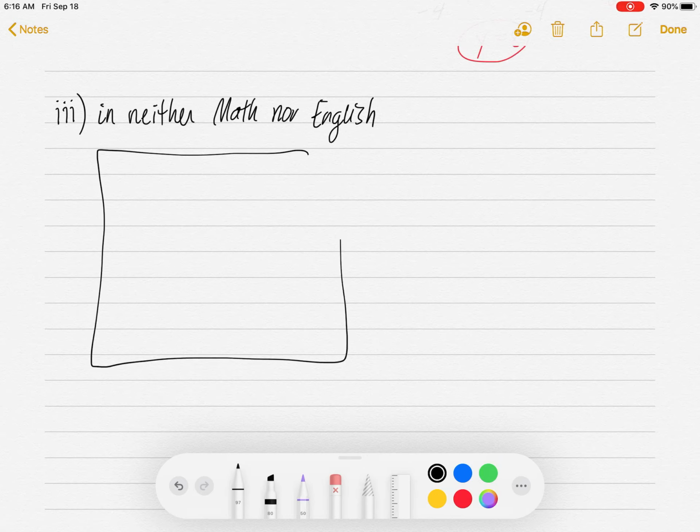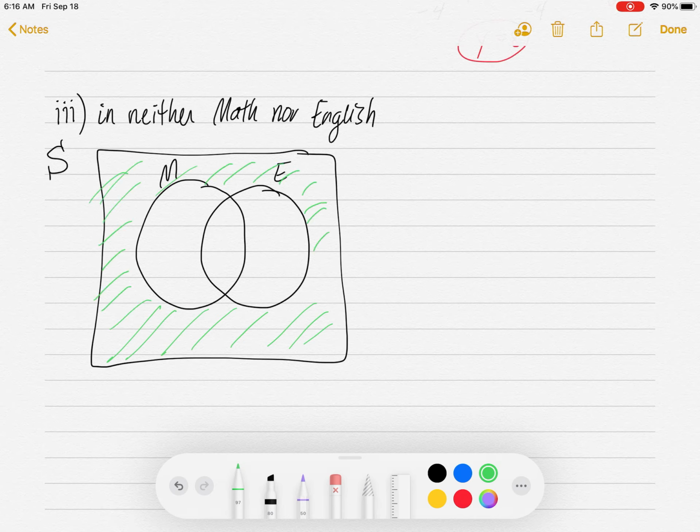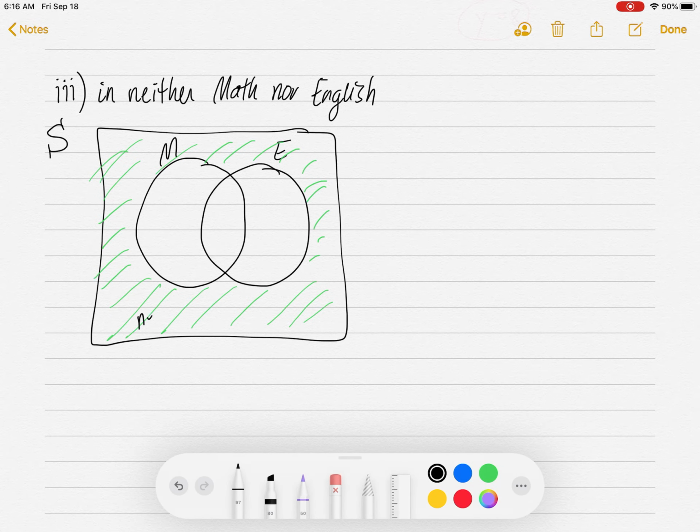If I'm drawing a Venn diagram, this box represents all our student soccer players that are boys. And here are those in math. Here are those in English. And we're interested in them being in neither out here. So not taking math or English. This is neither math nor English.